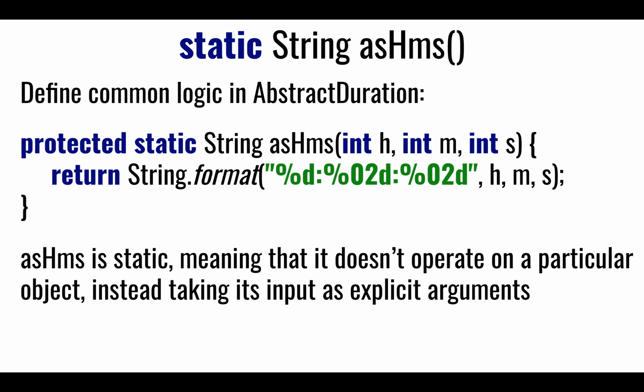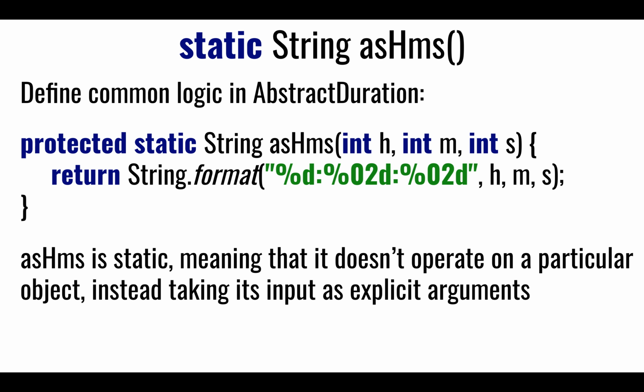So now this algorithm of going from hours, minutes, and seconds to a string is in one single place, and we can make it independent of any particular instance. It doesn't need to know that it's a CompactDuration or DurationImpl. It doesn't really matter. It's just formatting. You pass it some values, and then it always gives you the same string.